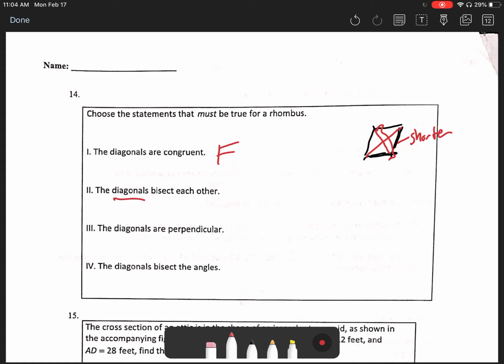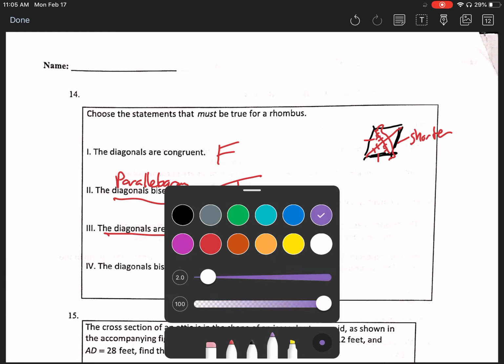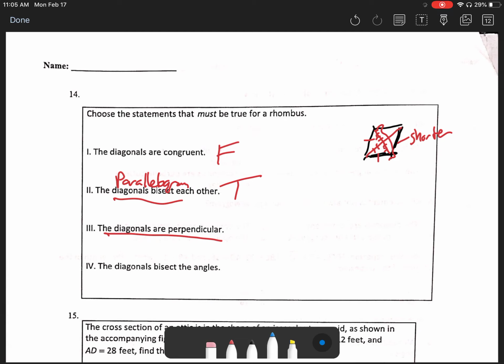The diagonals bisect each other. Well, since it's a parallelogram, this is a property of a parallelogram, so that's going to be true. Diagonals are perpendicular. Actually, we know that this side is congruent to this side. This diagonal is congruent to itself. This part is congruent to this part. So for this figure, these two angles are congruent to each other.